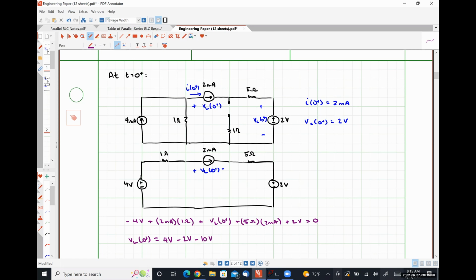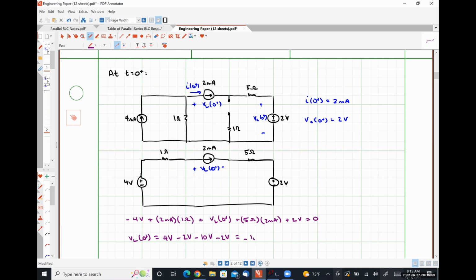And then another positive 2 volts move to the right-hand side, looks like minus 2 volts. So we have 4 minus 14 is negative 10 volts. And so VL at 0 plus is negative 10 volts.